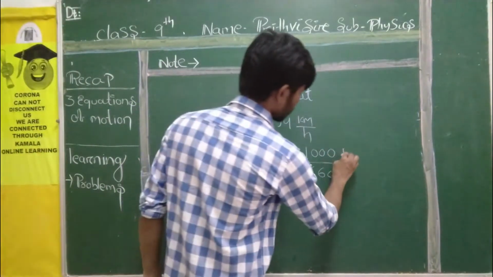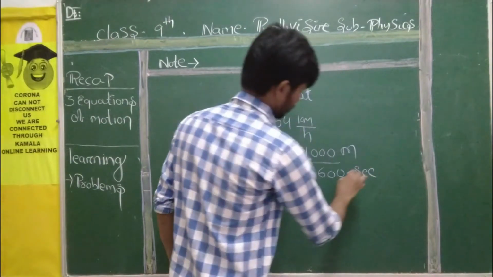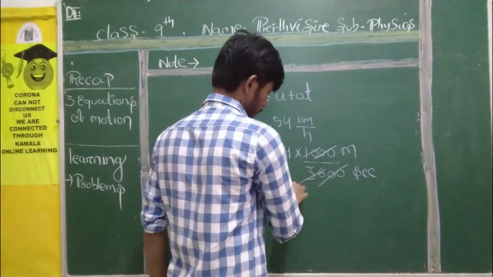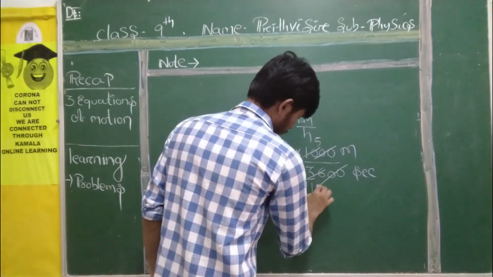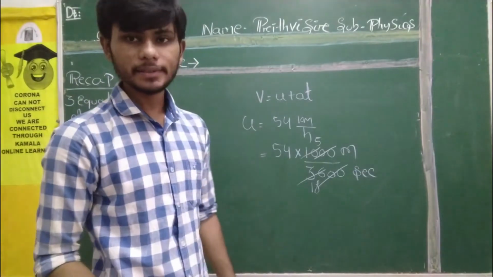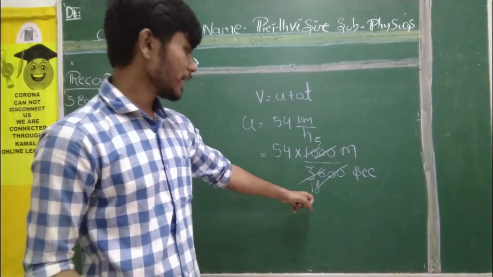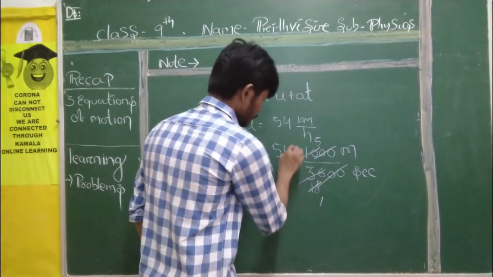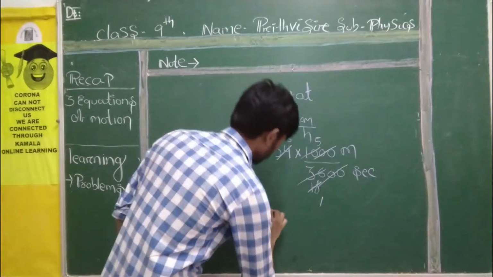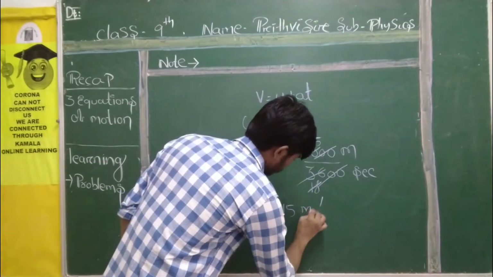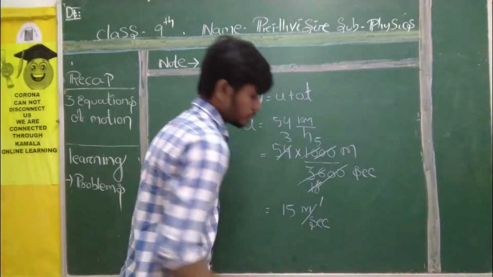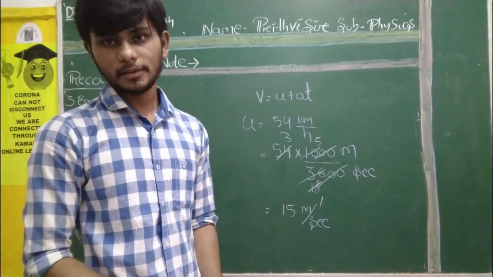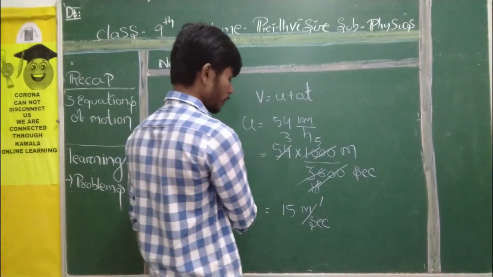Now I can write here: 54 into 1000 by 3600. Dividing by 18, 3 into 5 comes, so 15 meter per second, students. The speed is 15 meter per second. We got u equal to 15 meter per second.